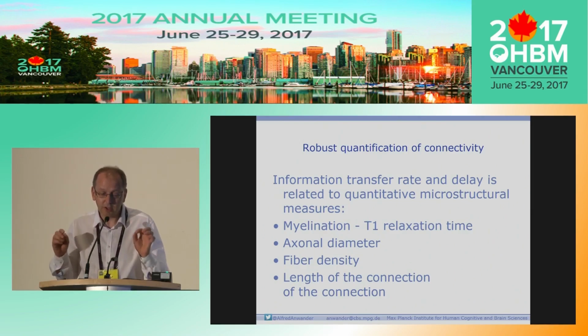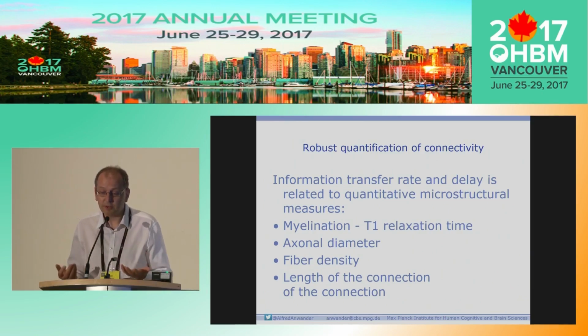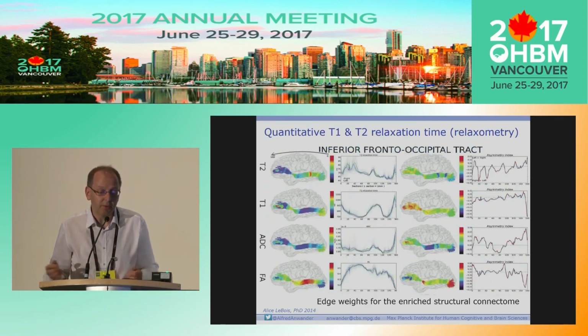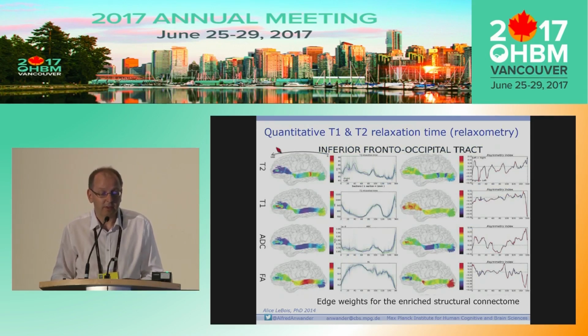So we should have, instead of counting streamlines, estimations of these four parameters: length, diameter, myelination, and density of the fibers, and use these as a measure for the connectivity to put in a somehow enriched connectome. So how can we do this? Well, one approach was that you measure quantitative T1 and T2 maps. So you measure the quantitative relaxation time in every voxel and map this along the tract.